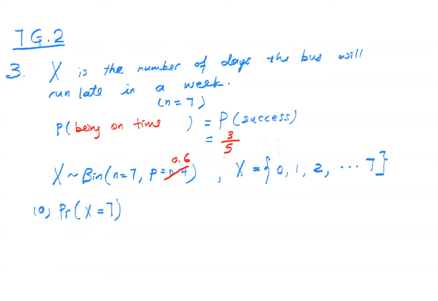So you put into your graphic calculator binomPDF, then put in 7, 0.6, and 7. Then you get the answer. So you can check the answer.